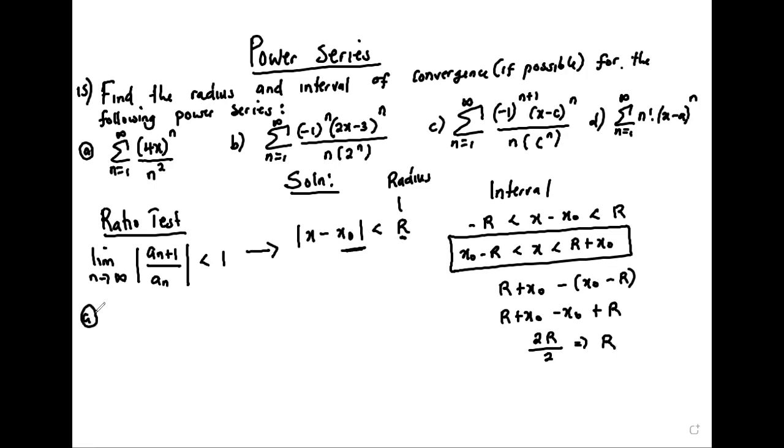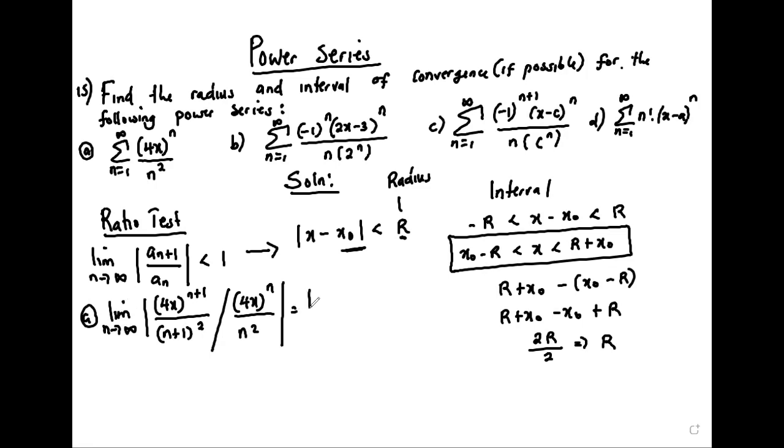For A, we get the limit as n goes to infinity of the absolute value of a_(n+1) over a_n, that is 4 to the power n plus 1 over (n plus 1) squared, divided by 4x to the power n over n squared.